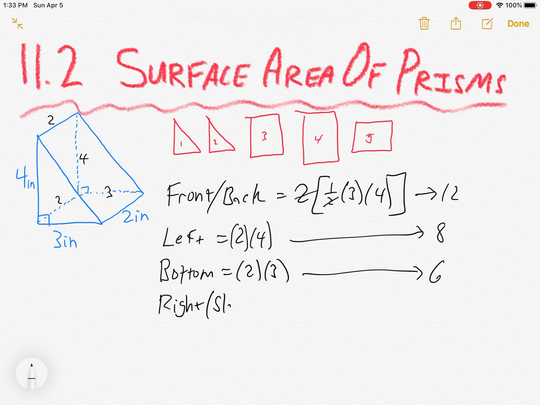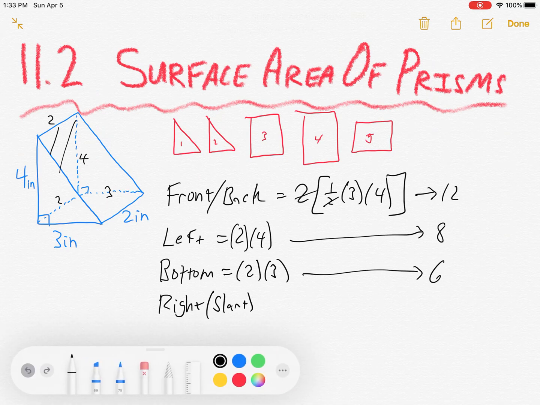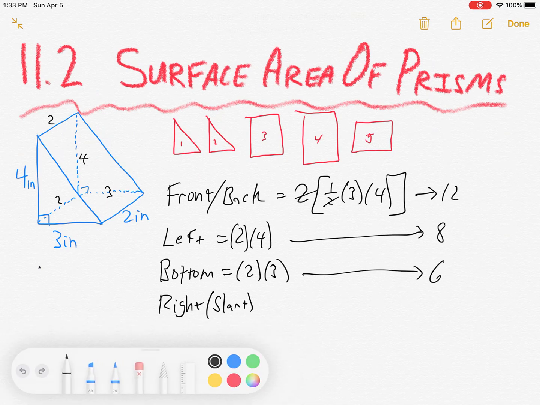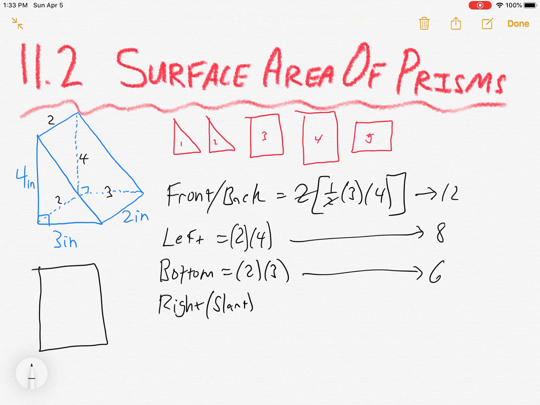And then the right face, the slanted one. Let's try to label that one right there. One dimension is this, 2.